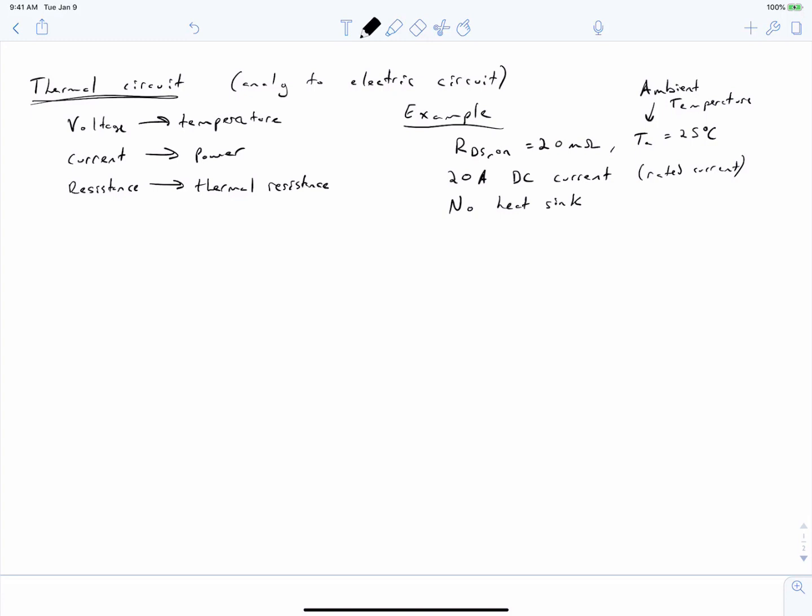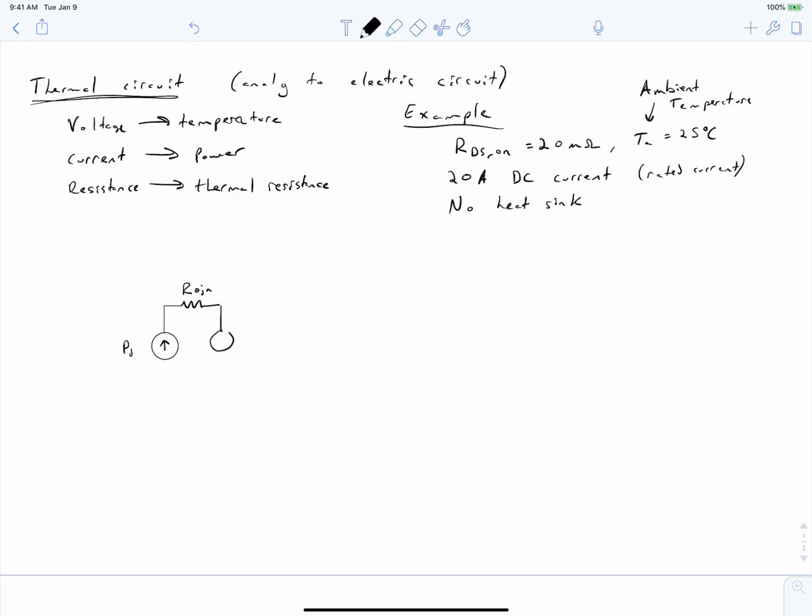So our only conduction path for heat is through the junction to ambient pathway. And so we can study this by considering the equivalent circuit where we have a current source for the power dissipated. This is the total power dissipated in our junction. We have a resistance, which is our thermal resistance of junction to ambient. We're not using the junction to case path because we have no heat sink attached.